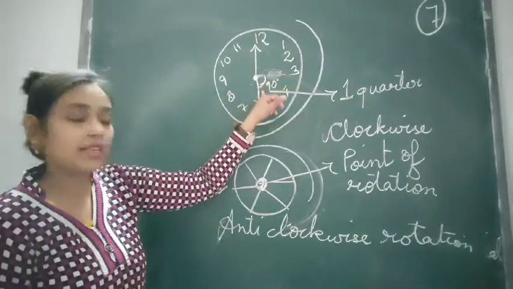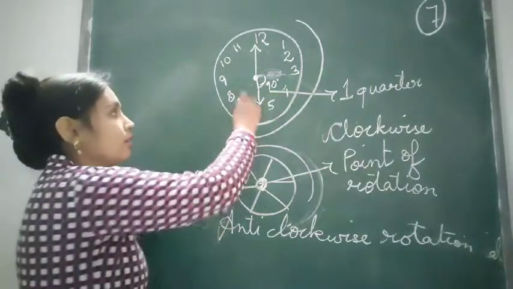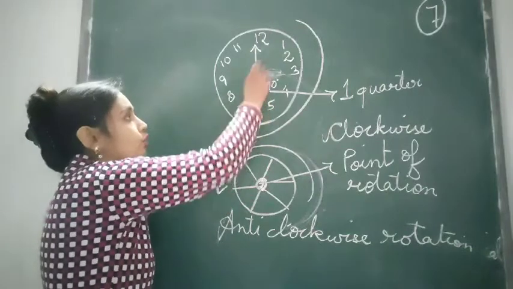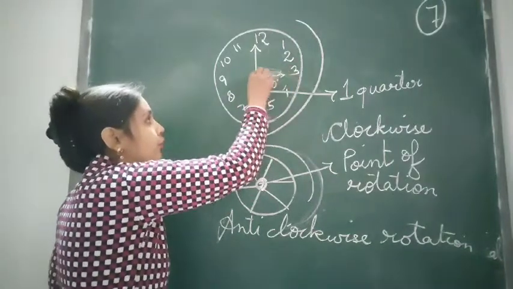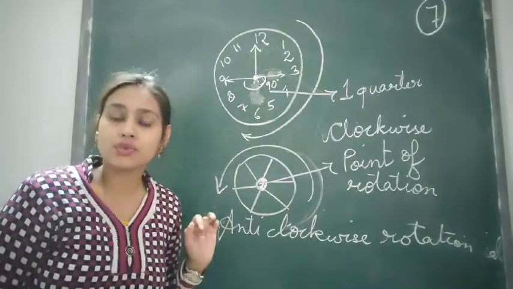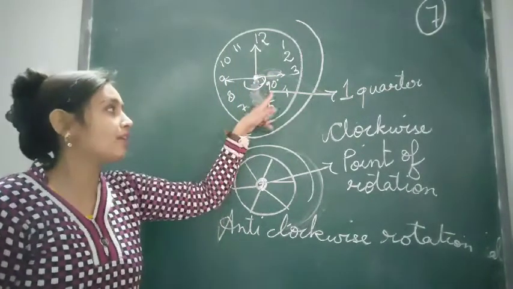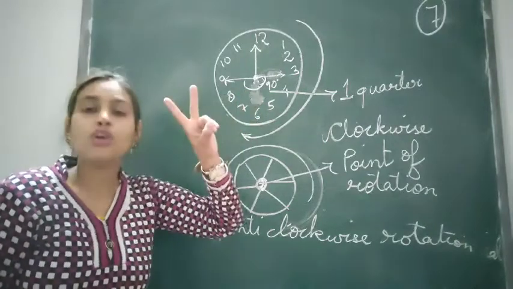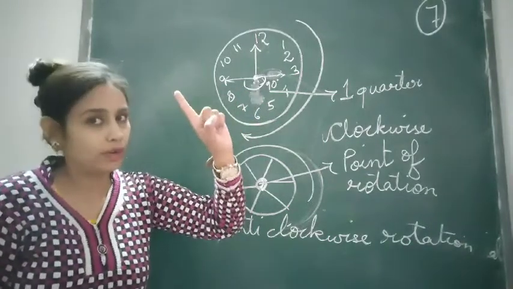Also, this is known as 1 quarter. Now, when the hour hand moves from 3 to 9, then the angle of rotation is 180 degrees, and it is 1 quarter plus 1 quarter, that is 2 quarters or 1 half.